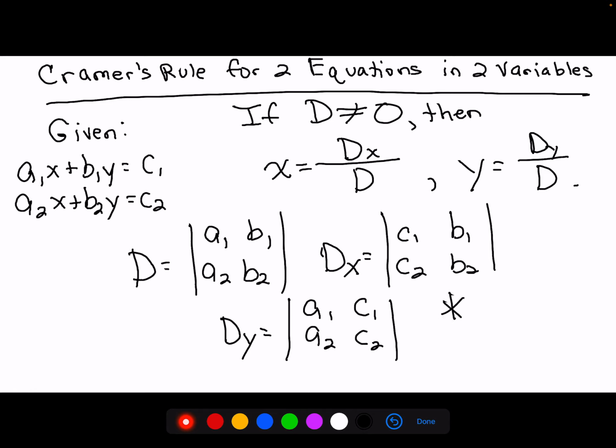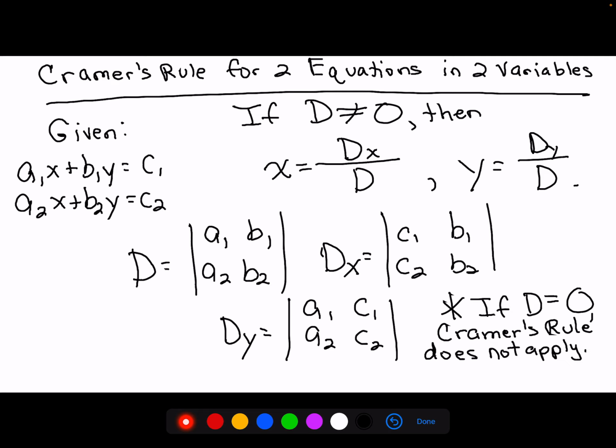Now, really quick, if you find D and it equals 0, then Cramer's rule does not apply, because notice that would end up putting a 0 on the bottom of a fraction. That's not going to work.